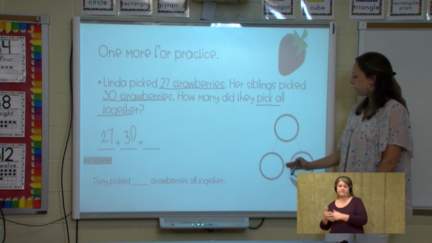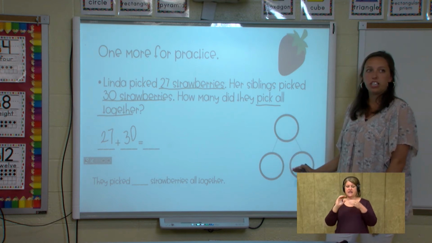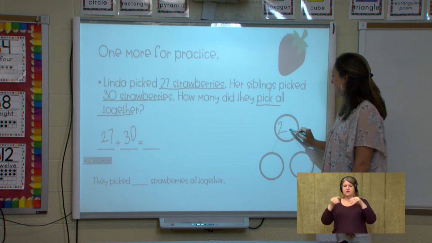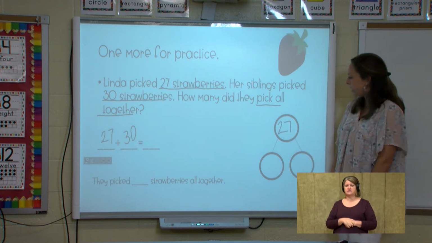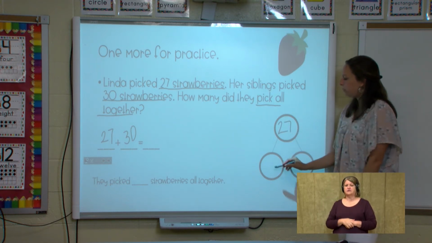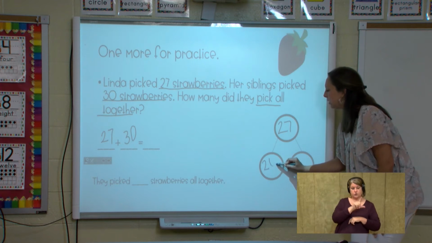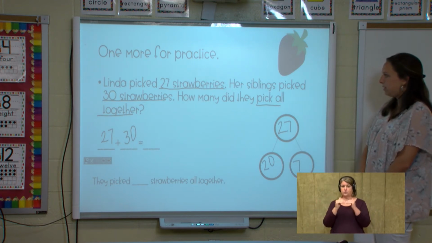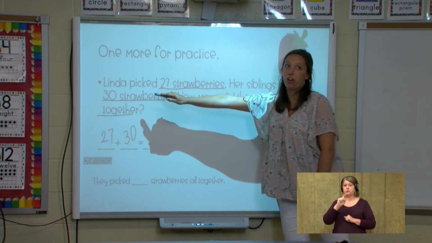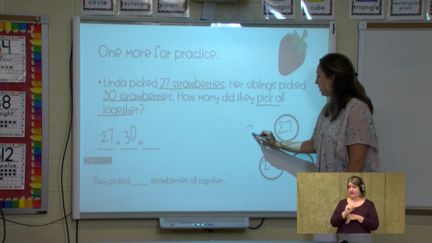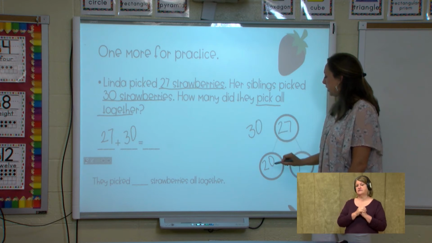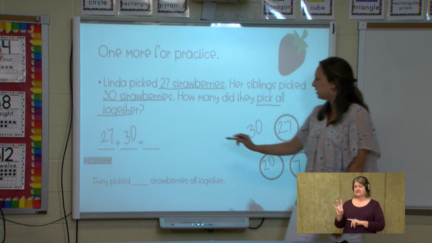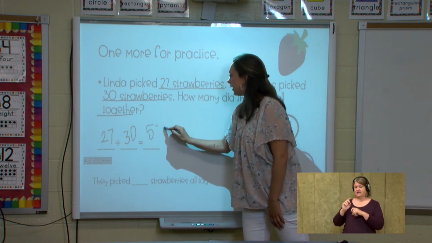All right, using our number bond for one of our strategies that we had, we're going to put the number 27 in our number bond. When we break it up, we know 20 plus 7 gives us 27. We need to add the 30 to it. So 30 plus 27 gives us 57.